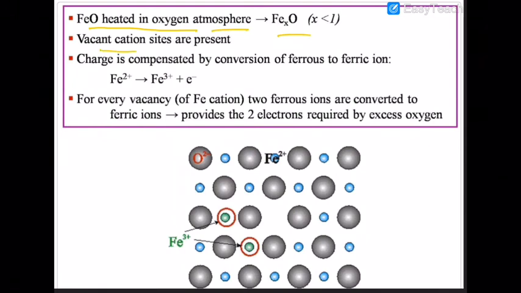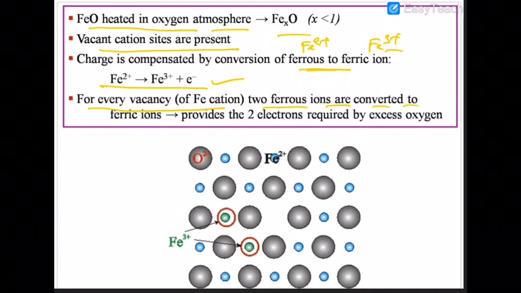So cationic vacancies are present. To compensate for that, some of the ferrous ions, that is Fe2+ ions, will transform into ferric ions, that is Fe3+ ions, by release of electrons. For every vacancy of iron cation, 2 ferrous ions are converted to ferric ions, providing the 2 electrons required for the excess of oxygen. Are you getting that or not?